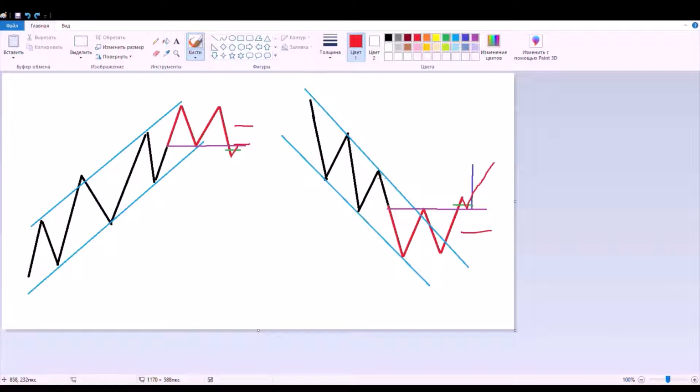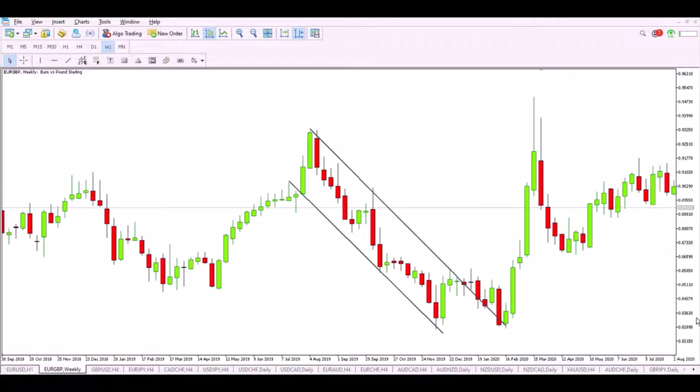And now guys, I want to share with you how this works in live trading charts, in real charts. So let's get to the Forex charts. Now we're back in the real charts, and this is the Euro GBP pair on the weekly chart.